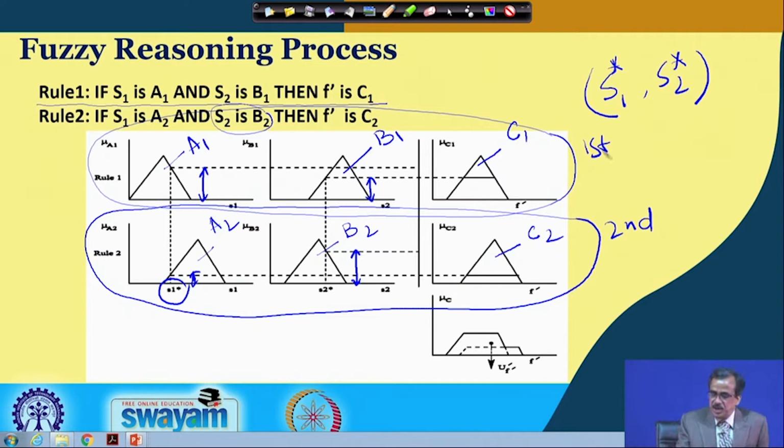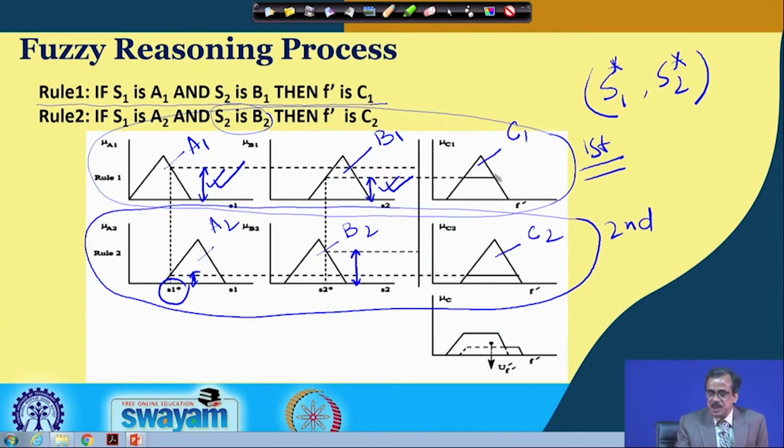Now, we concentrate on the first rule. The rule is as follows: if S1 is A1, here I will get some membership function value corresponding to S1, and S2 is B1, here corresponding to this S2 star I will get some membership function value, then A prime is C1.